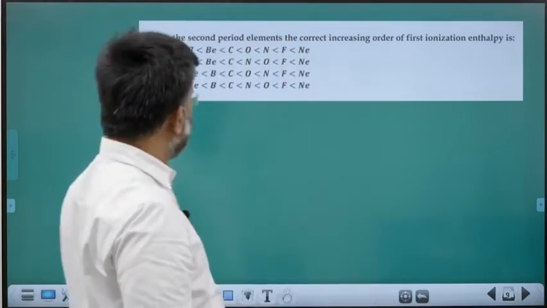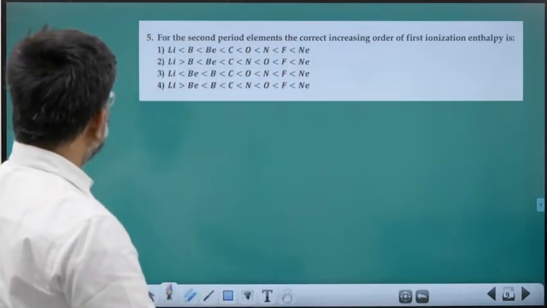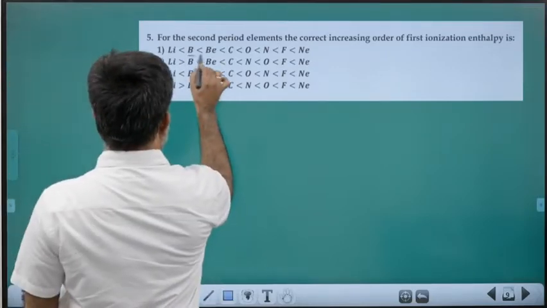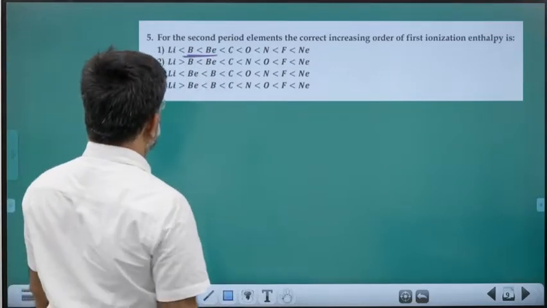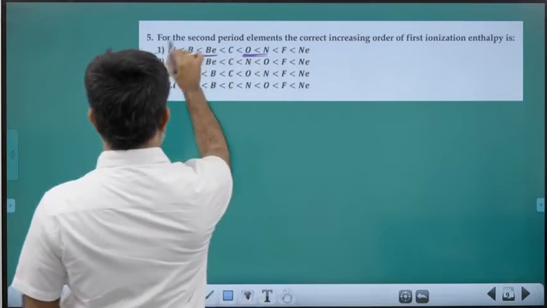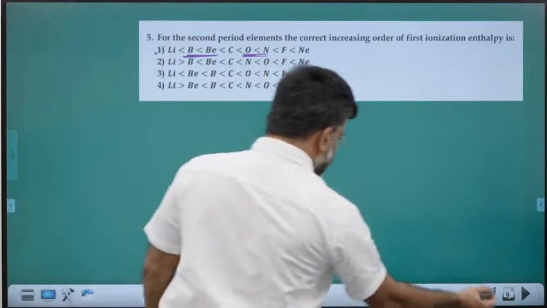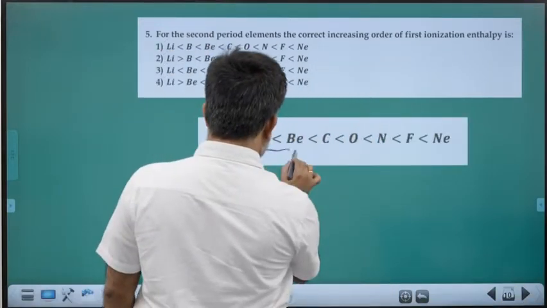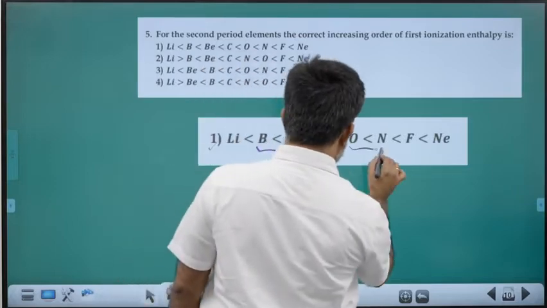So what is the answer? There is an exception between boron and beryllium, boron less than beryllium, and there is an exception between oxygen and nitrogen. First choice is the correct answer. You can find a difference between these two and these two.